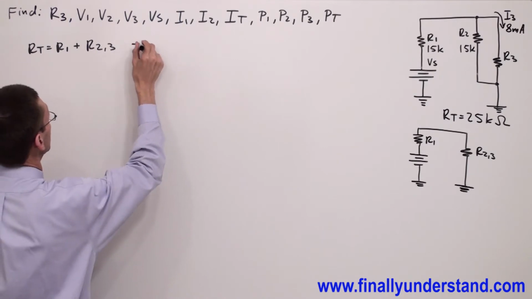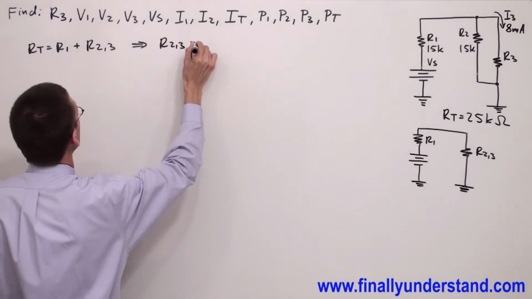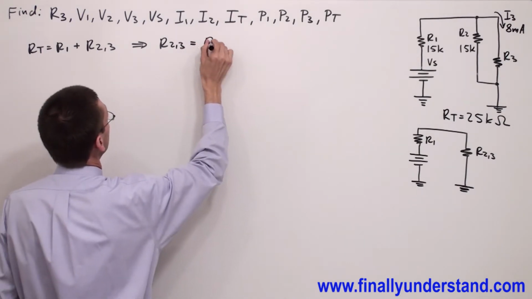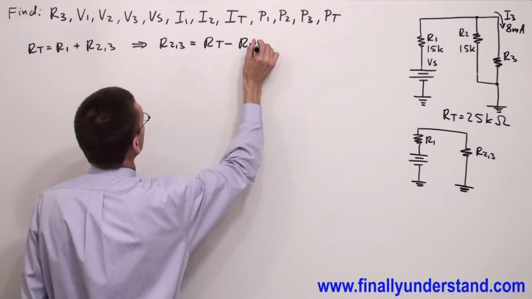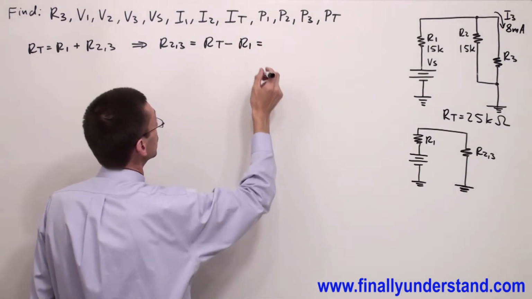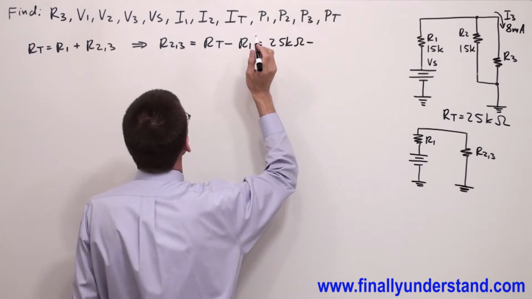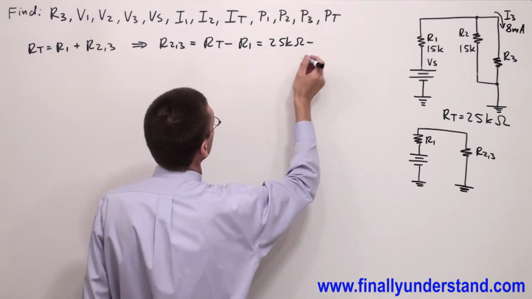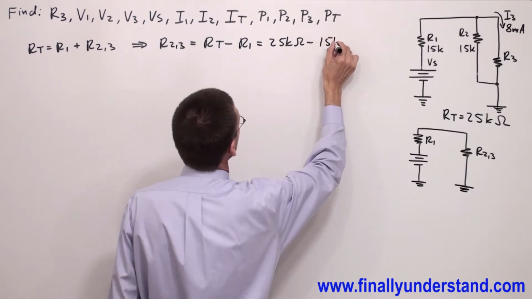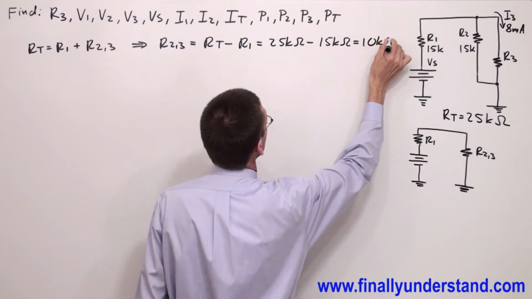If you are going to solve this formula for R2, 3, you are going to have R total minus R1, where R total is equal 25 kiloohms minus R1, which is equal 15 kiloohms. Everything is equal 10 kiloohms, okay?